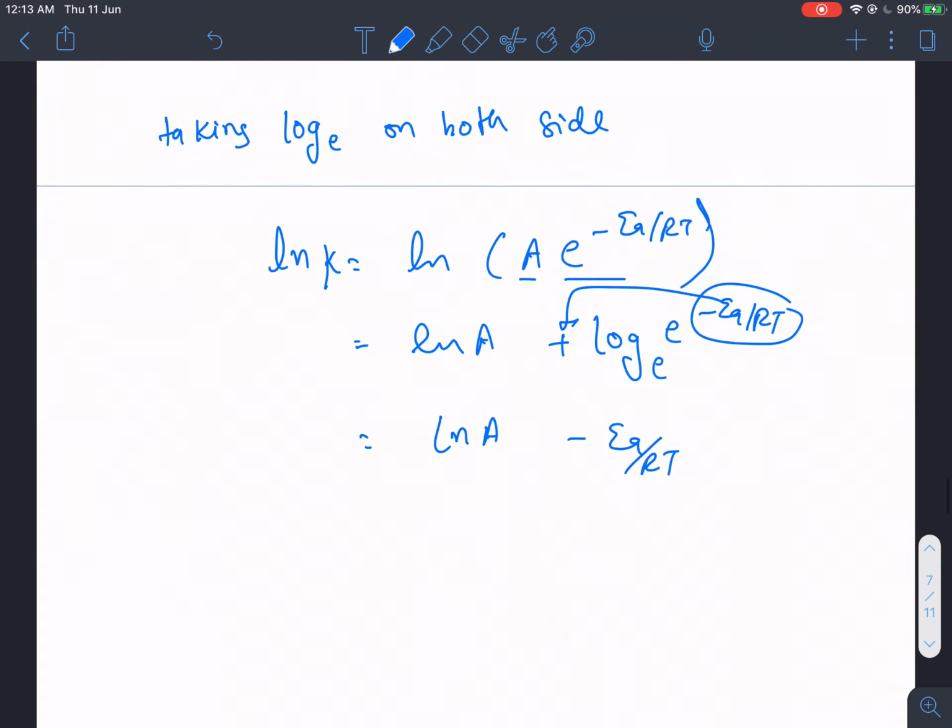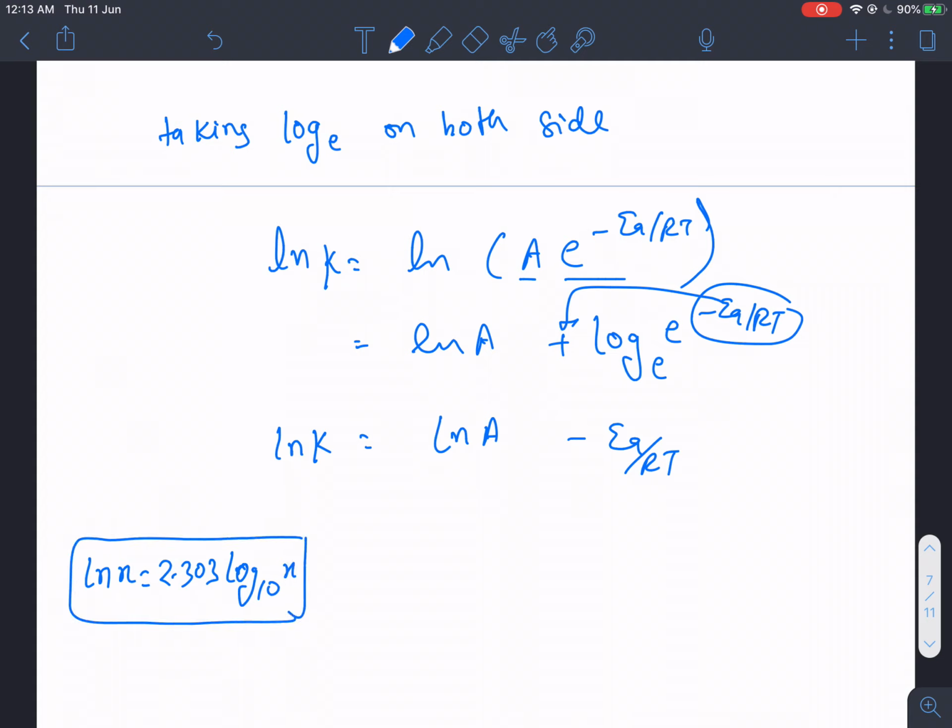Now if you talk about ln K, I can write it even in log to the base 10. So if you know this relation that ln x is equal to 2.303 log to the base 10 of x, if you remember this relation, you can go ahead.